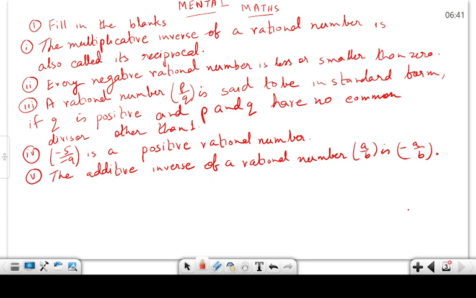Now we will solve another question, that is the next question, right, true or false, question number 2, and we are going to the next page.